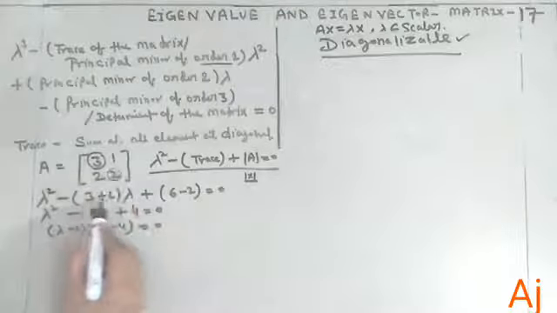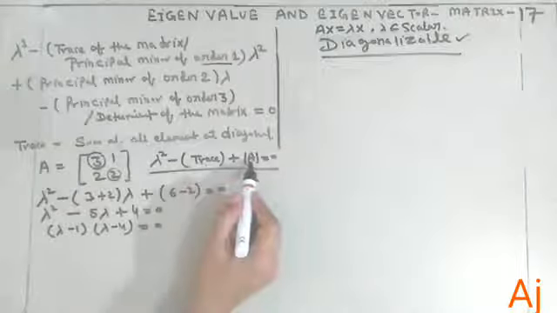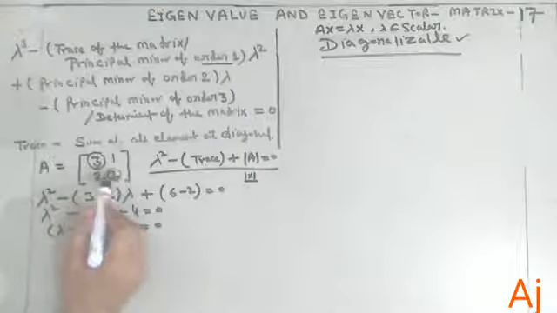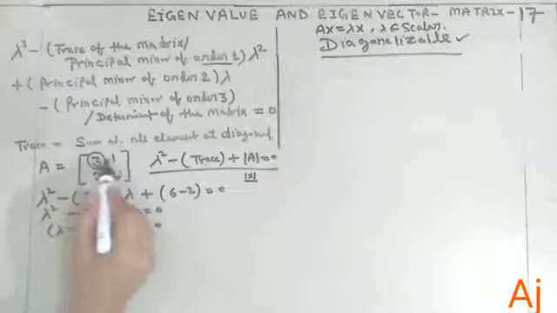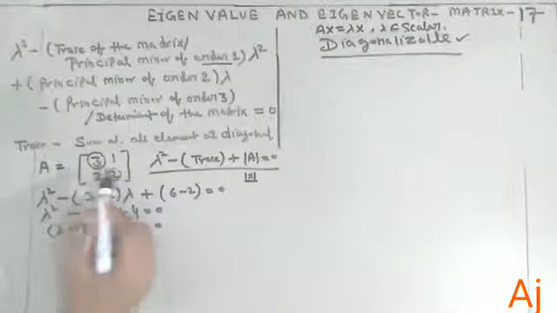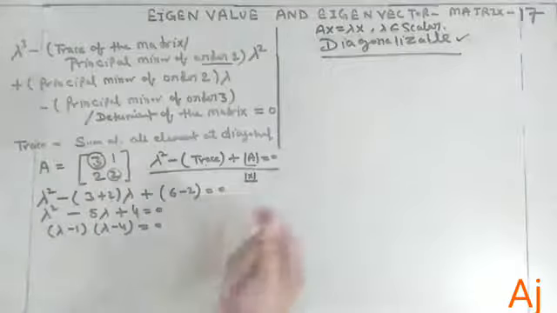So we have taken 3 plus 2, which means the trace of the matrix. Now principal minor of order 2 means you have to take two elements. If you take two elements, then corresponding to this you will get this, corresponding to that you will get this one. So the whole matrix will come, which means the determinant.